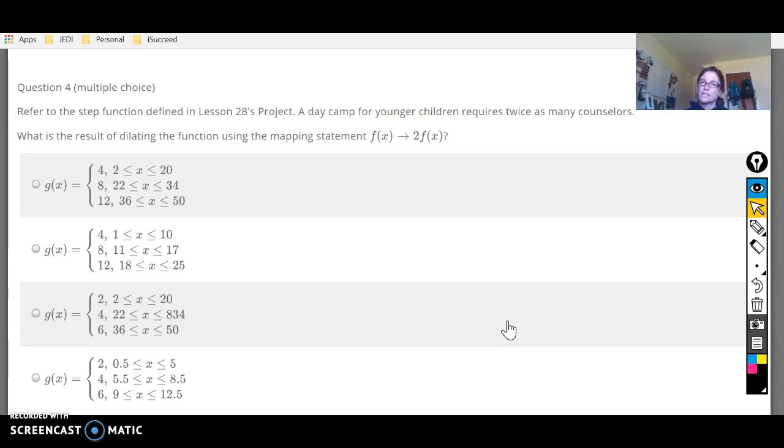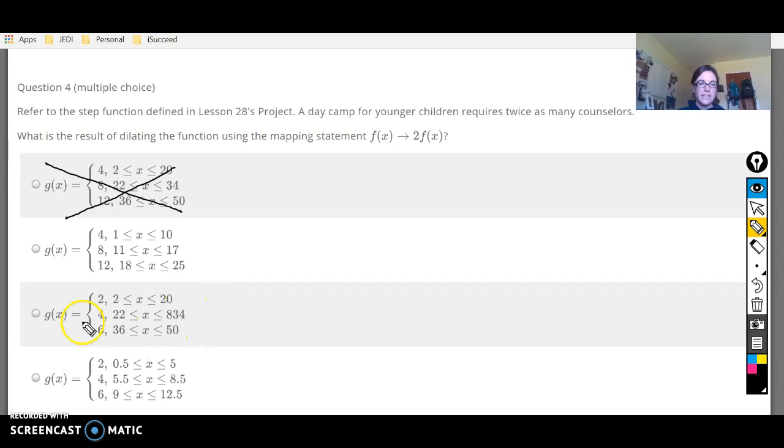We're not changing the number of children, we're changing the number of counselors. So this first function has our right g(x) values for 8 and 12, because that's the double of 2, 4, and 6, but it also increases the number of children. It's going from 2 to 20 instead of from 1 to 10, so that is incorrect.